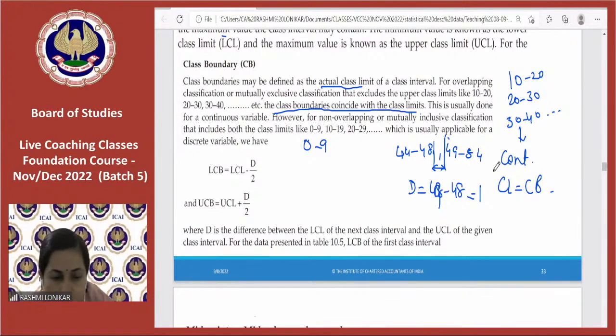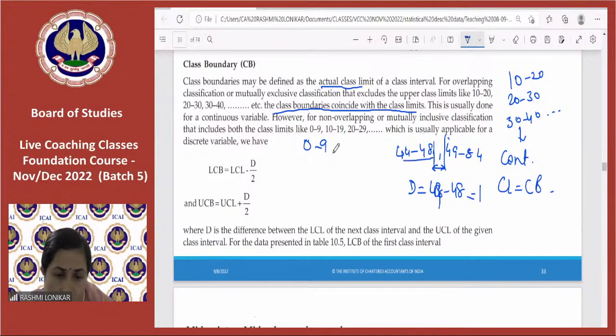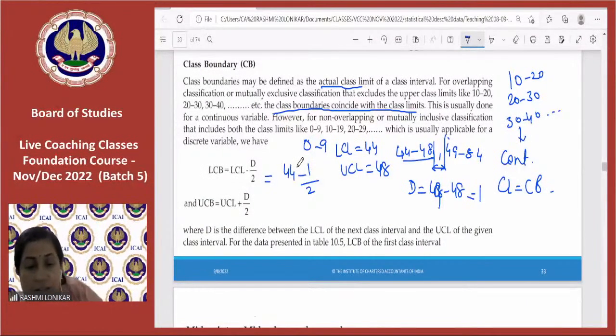Now what will be the lower class limit? The lower class limit of the first is 44, and the upper class limit is 48. Now let me find the lower class boundary. It will be the lower class limit, that is 44, minus 1 upon 2, because there is a difference of only 1.